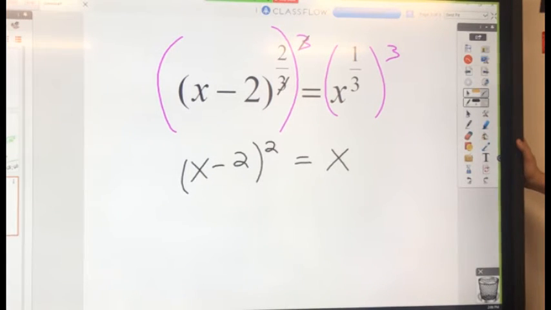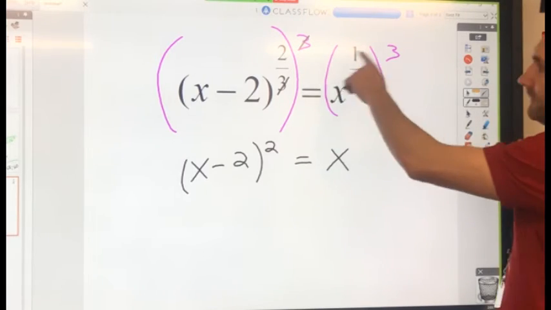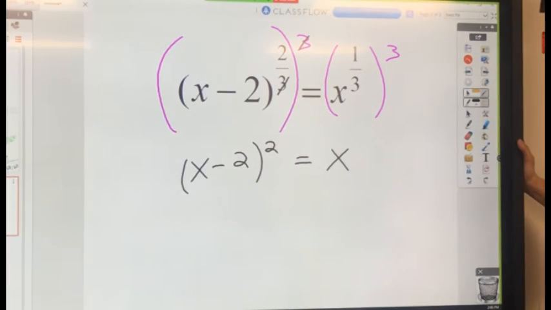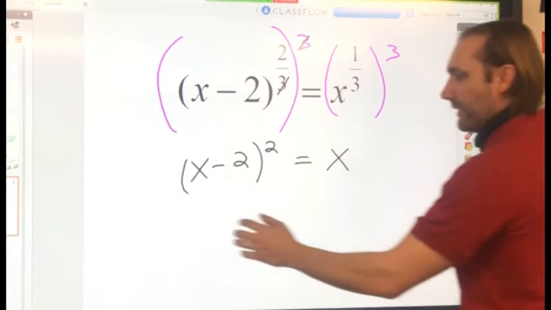That would be the most simplified method, or the quickest method, or the easier method. Just raise each to the power of 3. All right. So we got rid of our rational exponents. Now we just have to solve this like normal.